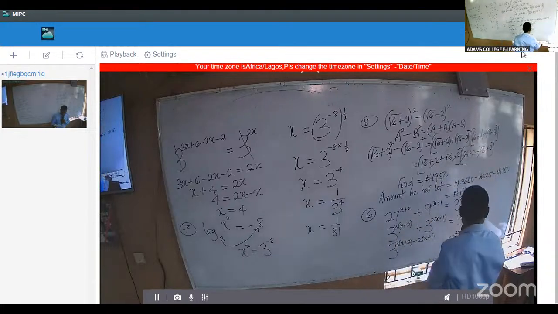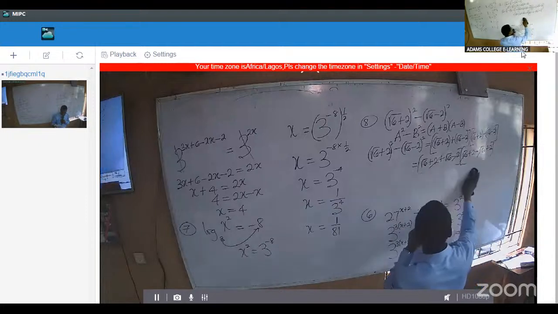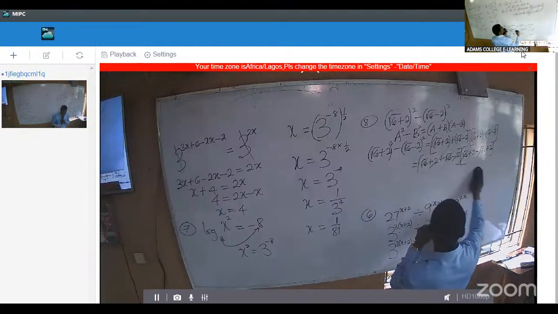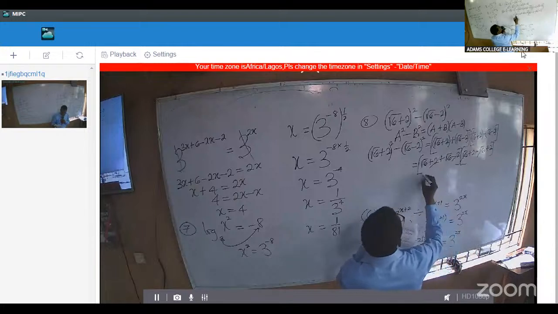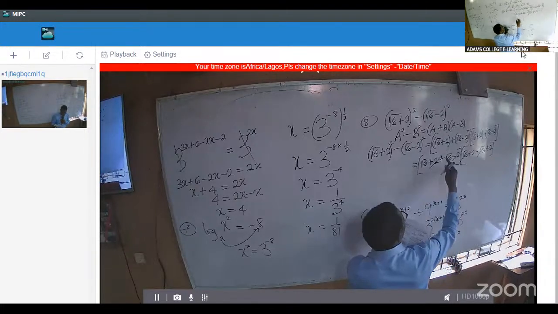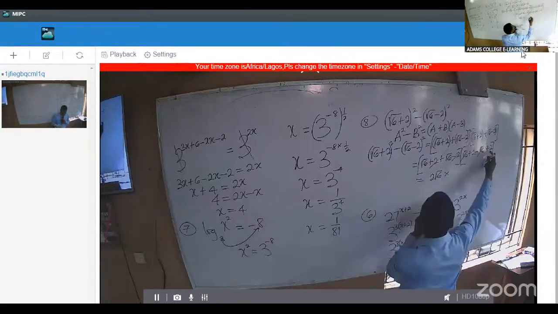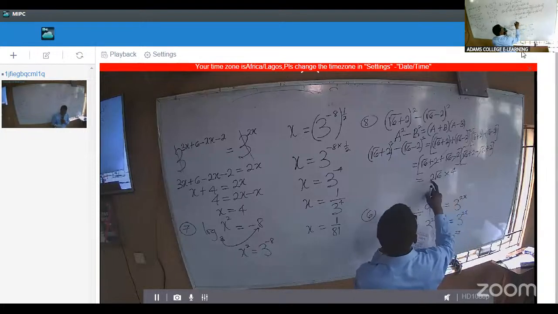Okay, they cancel. The most interesting thing in maths is when something cancels something. So there's 1 root 6 here, another 1 here. What is 1 plus 1? 2 root 6. What is 2 plus 2? What is 4 times 2? That's it.